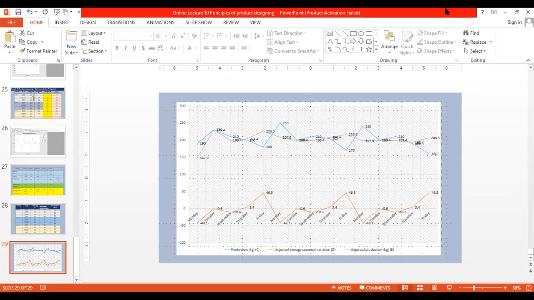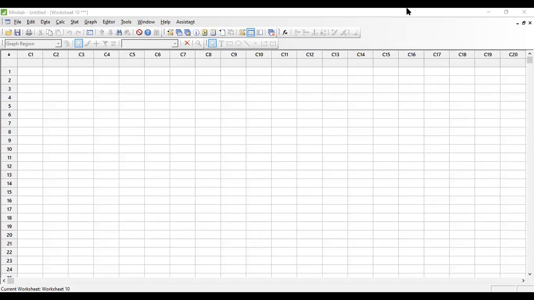Then I will show you how to do it using Minitab. I think you are familiar with Minitab. Here you can see the Minitab.